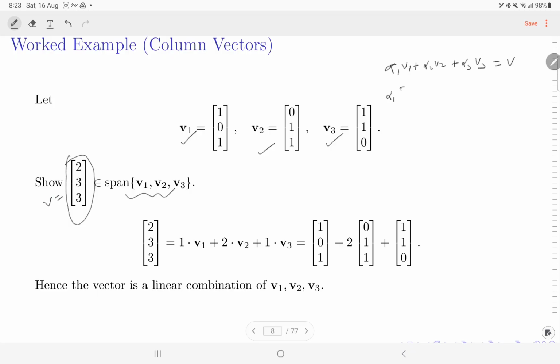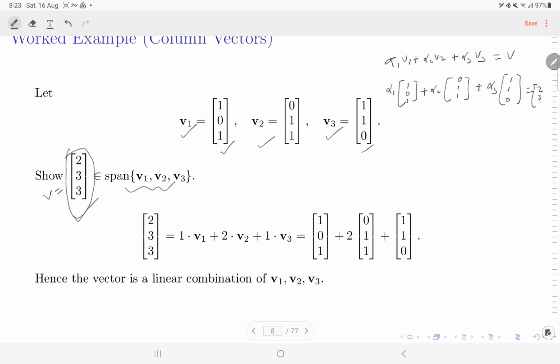So alpha 1 times 1 0 0, which is your v1, plus alpha 2 times 0 1 1, plus alpha 3 times v3, which is 1 1 0, is equivalent to your v, that means 2 3 3.